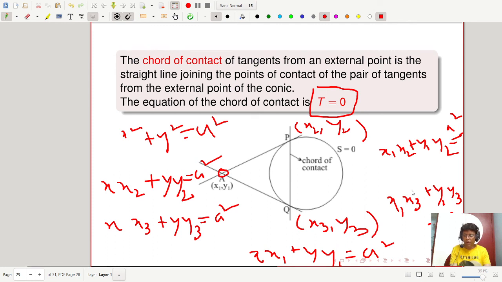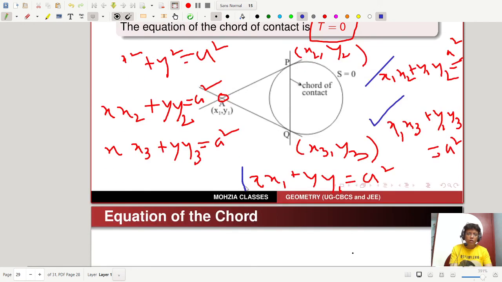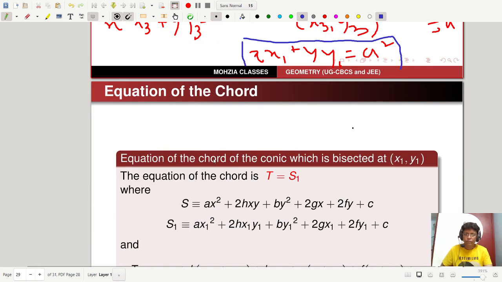These two relations, which I mark in blue as 1 and 2, show that both (x2, y2) and (x3, y3) satisfy the equation x x1 plus y y1 equal to a squared. So this is the equation of the chord of contact.